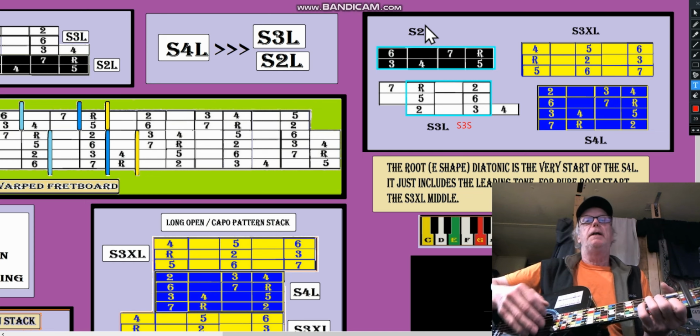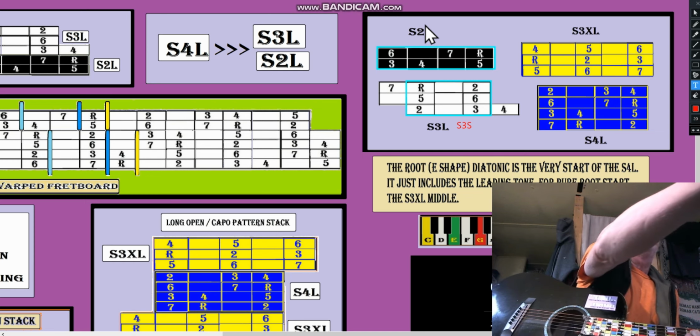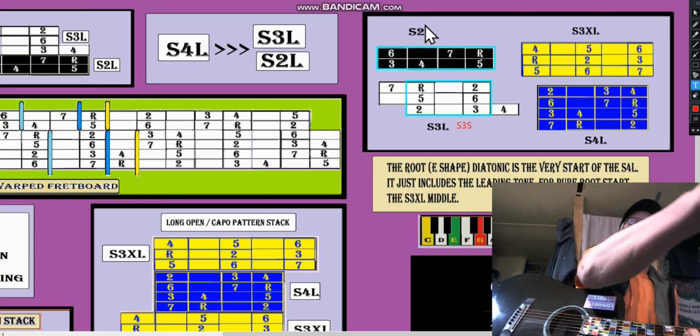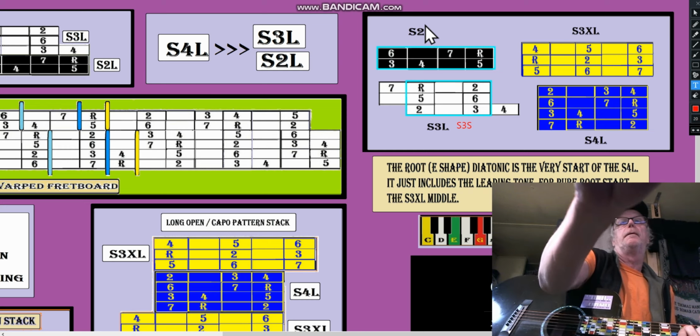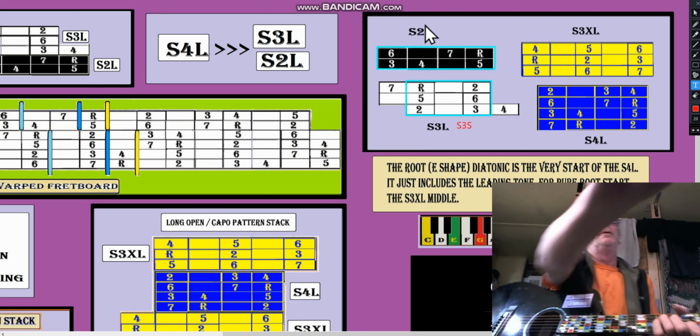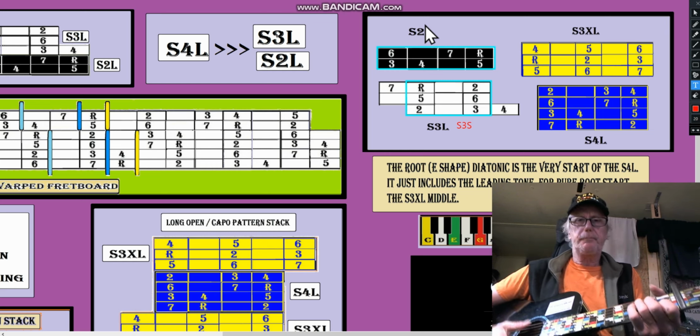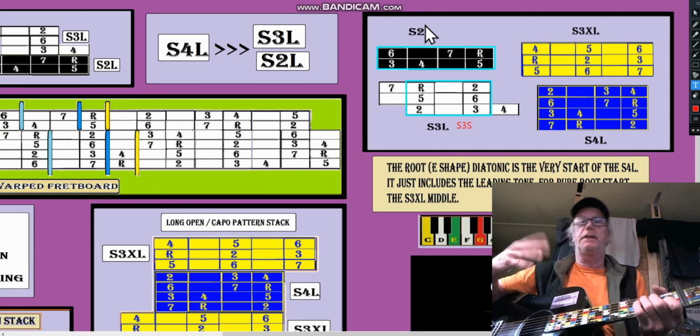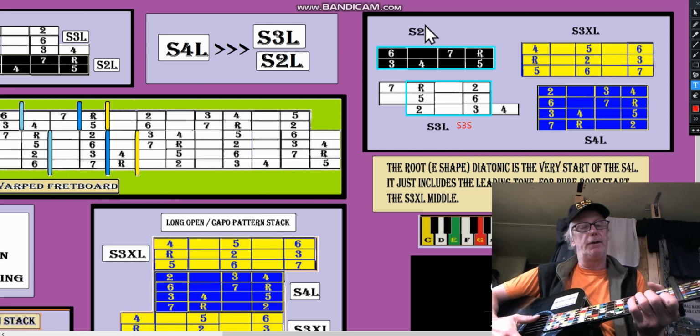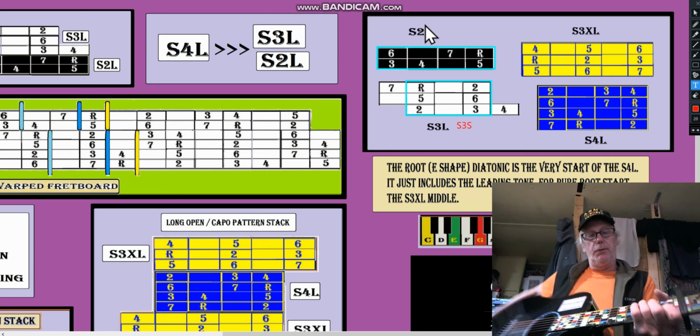Now, the pentatonic is root, 2, 3, 5, 6. The pentatonic scale is like the key to opening up the whole guitar.